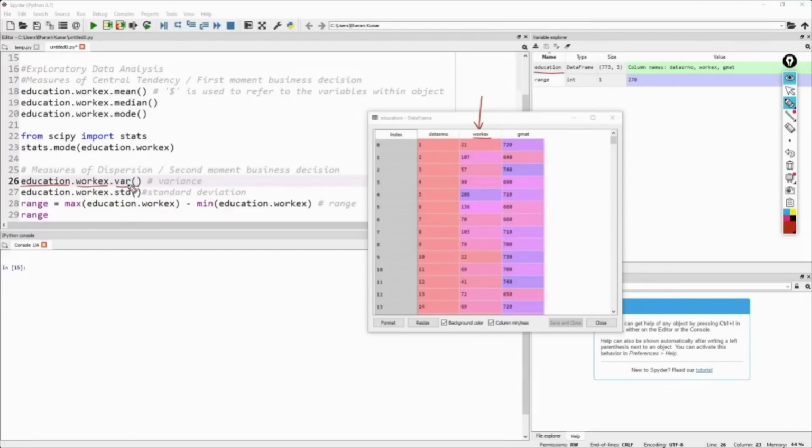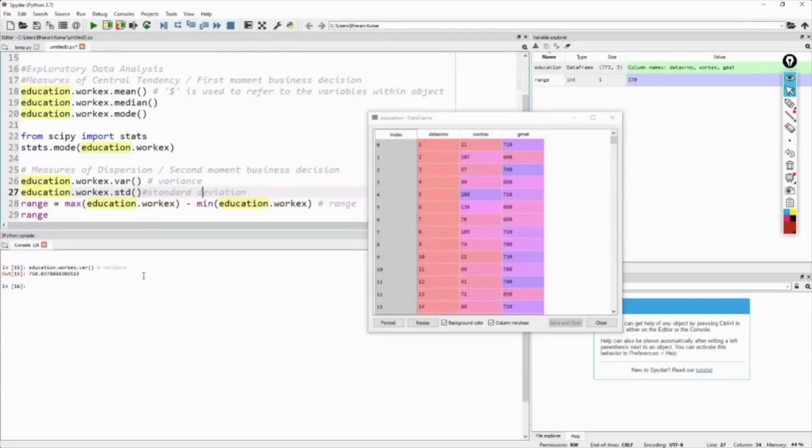That would give you variance, right? That is what is given here. That is how you refer to a column. And then dot var is a shortcut for variance. And you know that when you place your mouse cursor anywhere on the line and click on run, it would give you the result.